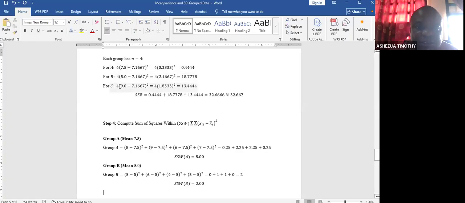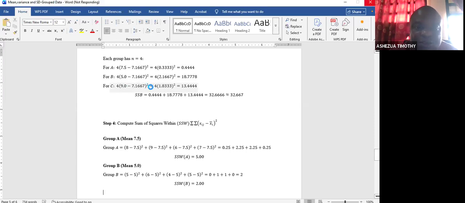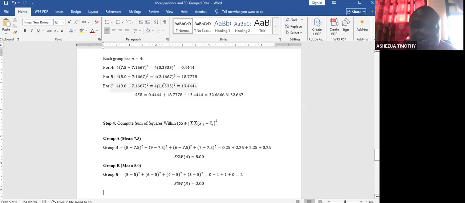So for C, you have 4 into 9.0 minus 7.1667 squared. 9 minus 7.1667 is this, squared. So all you need to do is to say 1.833 times 1.833. The value you get, you multiply by 4, and you have this.